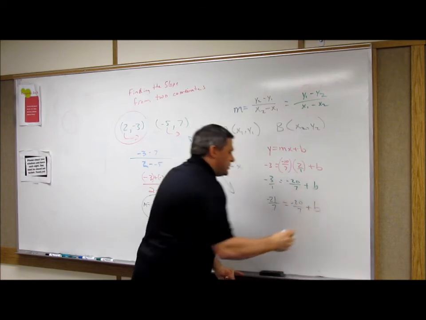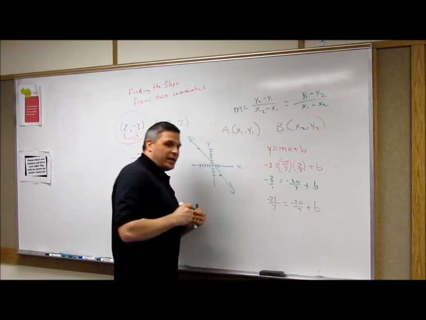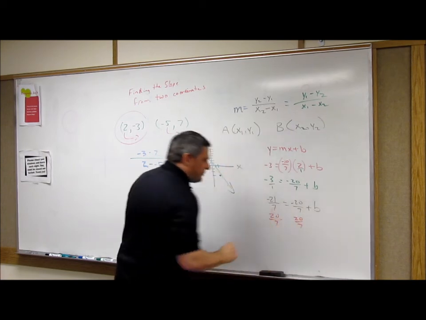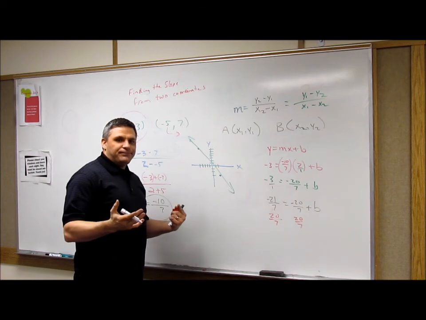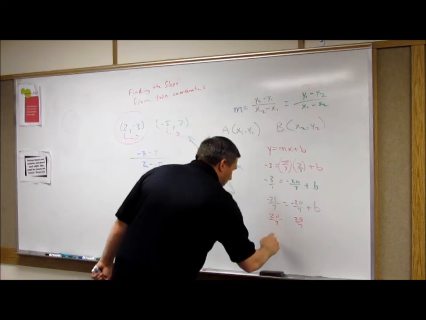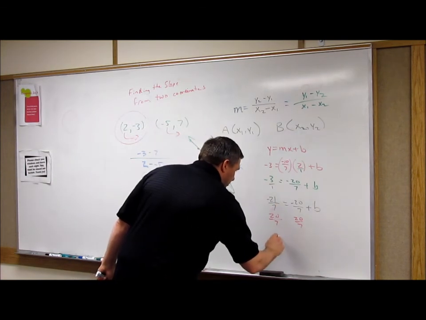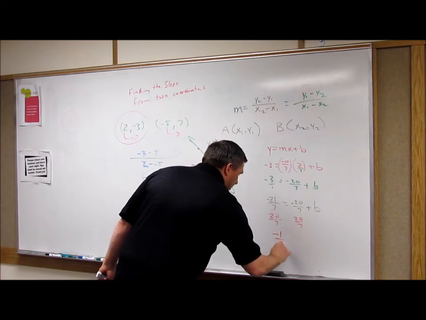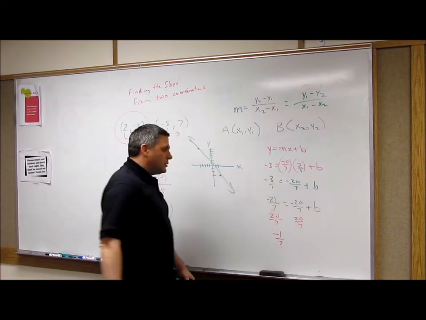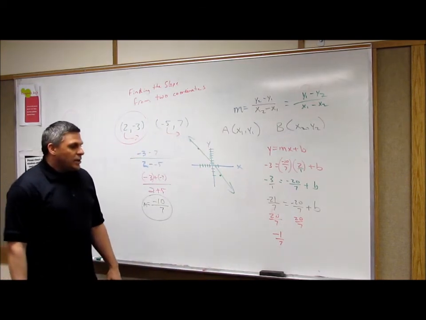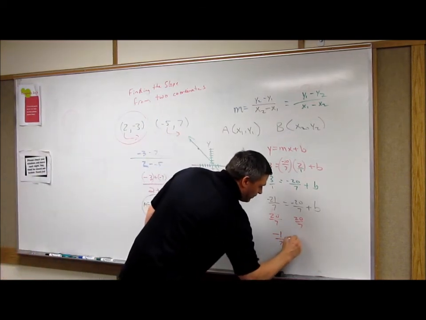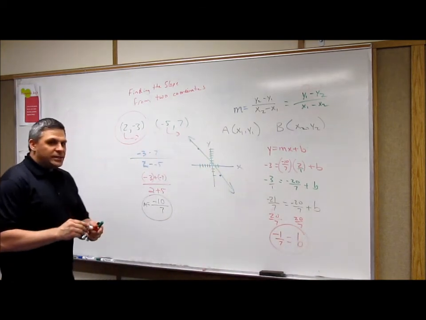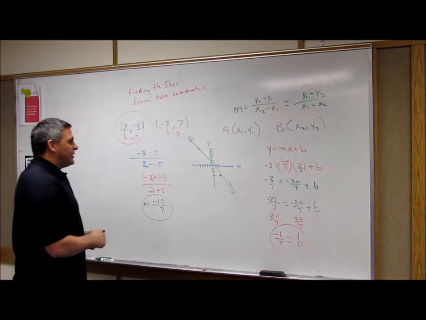Equals -20/7 plus b. So now when I add 20/7 and 20/7, then I get what? -1/7. Right? So my intercept is at -1/7.